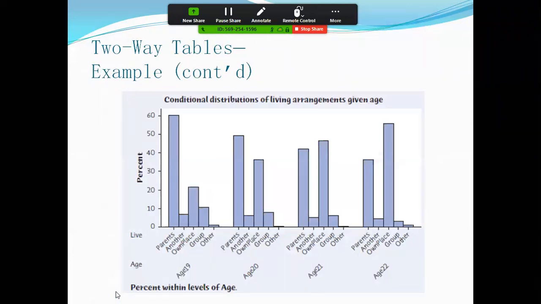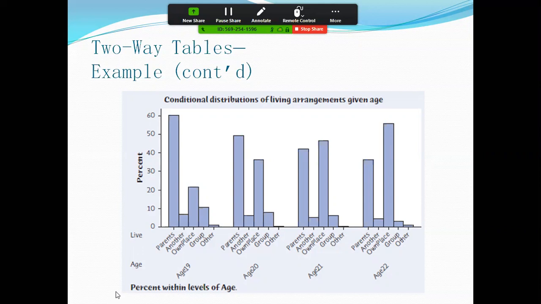Now we can make a histogram for each. I called it a histogram because the bars are touching, but it's categorical data, so it's clearly supposed to be a bar graph. If it was truly a bar graph, there should be space between the bars. Nonetheless, we have a bar graph of the 4 groups, ages 19, 20, 21, and 22.